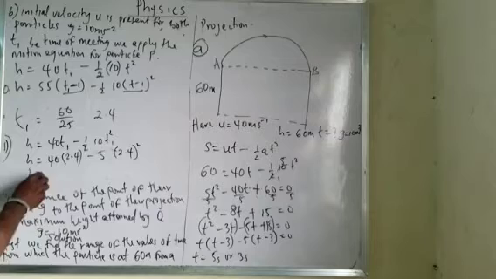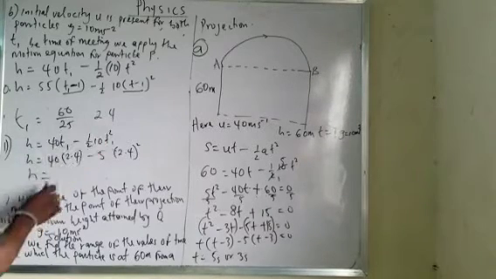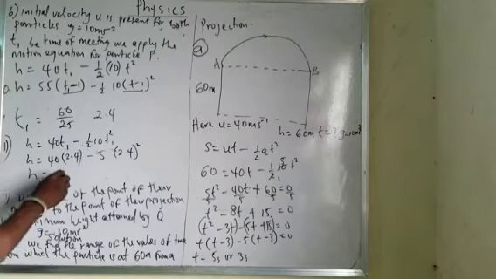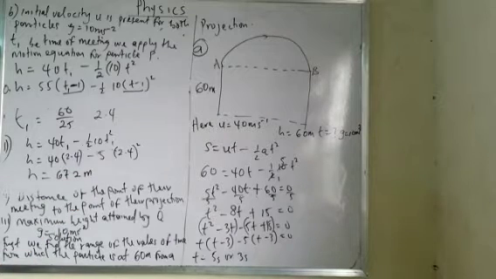By solving this, my H will be equal to 67.2 meters. That is my H.